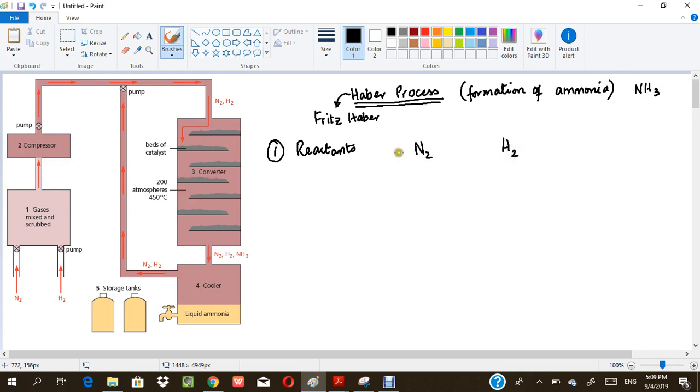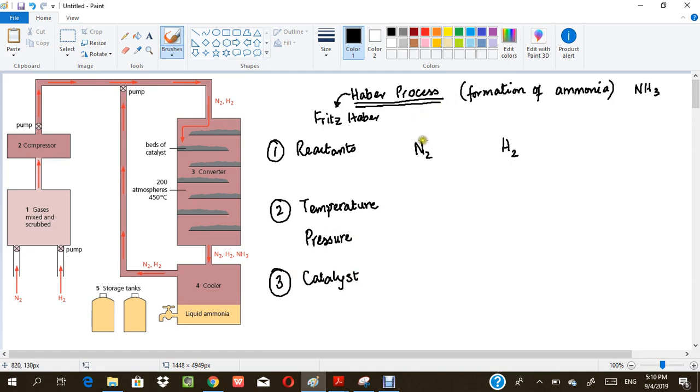So, these are the two reactants that we are concerned with. Right? Number two, we need some temperature requirements and we have some pressure requirements as well. Then number three, we have a catalyst that's essential for this process to occur.